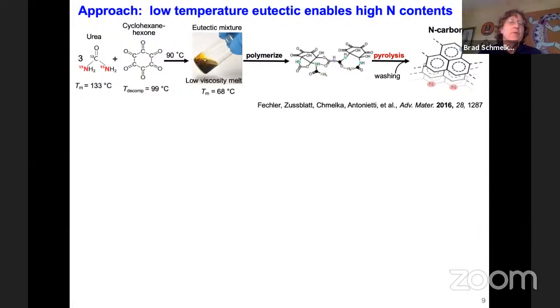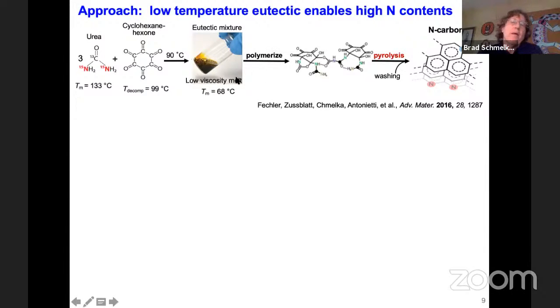The stoichiometric mixture of 3 urea molecules to 1 cyclohexane hexone has a melting temperature of only 68 degrees Celsius, while the individual components would decompose or melt too soon. So by processing them between 68 and 99 degrees Celsius, we form a nice homogeneous low viscosity melt of the mixture into which we can imbibe a porous template, and I'll show that in a moment.